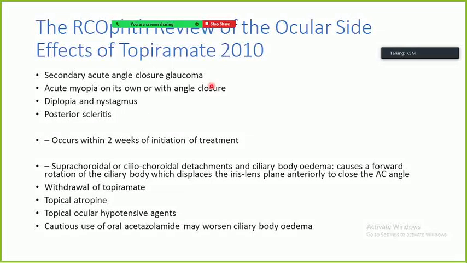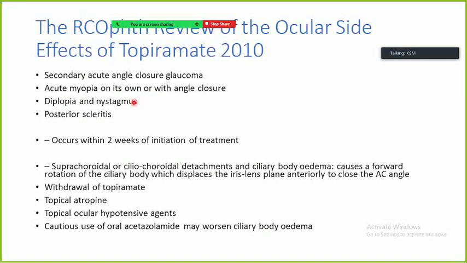Generally they have this negative myopic shift because the whole iris diaphragm and lens shift a little forward and close the angle, and they have a bit of myopia, so they can't see the distance clearly. That patient was wearing glasses during school time, so I was misled, but luckily I didn't miss that patient. Sometimes they can have diplopia, nystagmus, posterior scleritis.